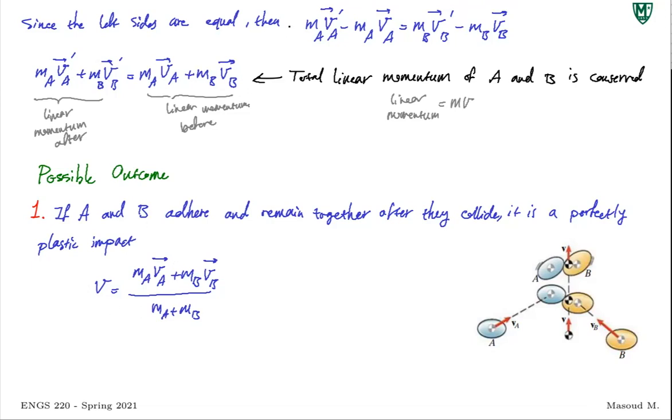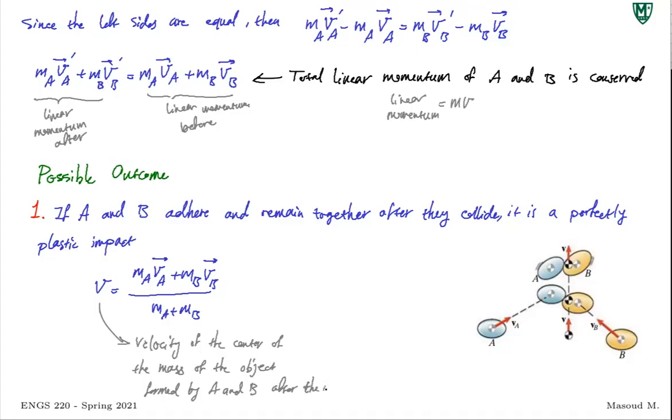And this v, just to emphasize, I'll write here, this v is the velocity of the center of mass of the object formed by A and B after the impact.